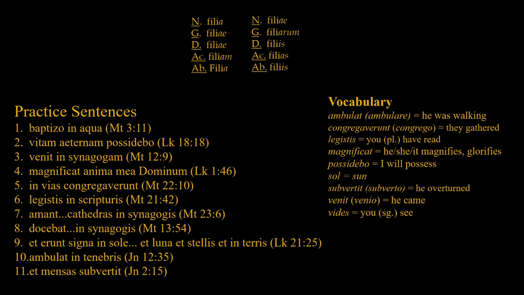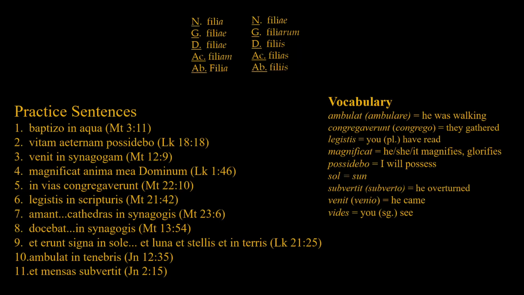So a literal translation would be, he, she, or it walks in darknesses. But of course in English we would just say darkness. Ambulat is the verb, he, she, or it walks. And I think then we're looking at the ablative case because it tells us how the action of that verb is getting done. Well, we're walking in darkness.